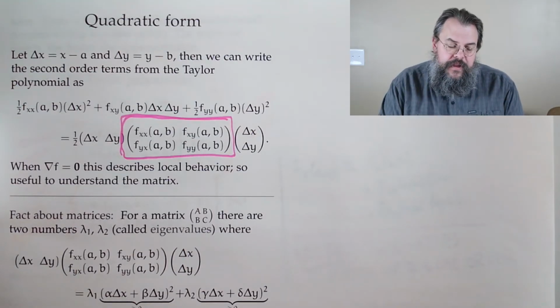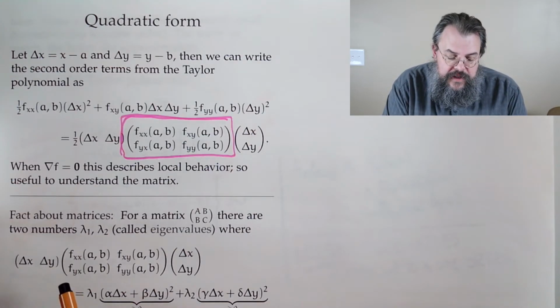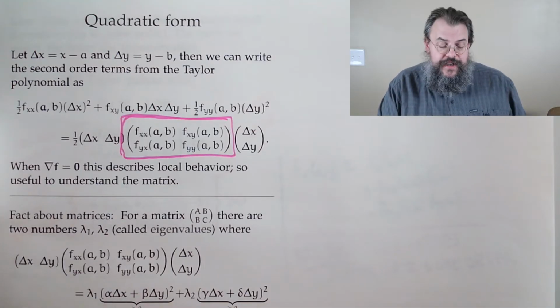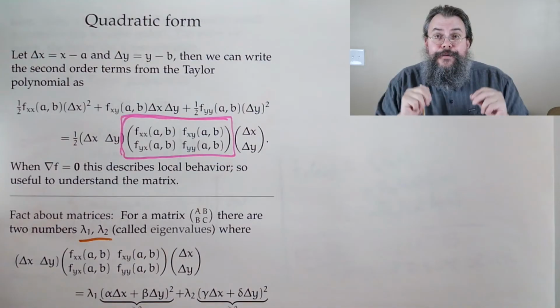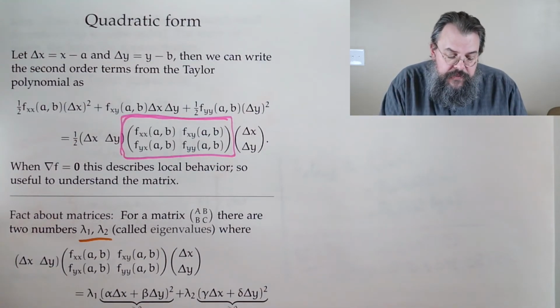It turns out that if you have a nice little 2 by 2 matrix here, there are two special numbers. We call them lambda 1, lambda 2, and they're called eigenvalues. And they have the following property.